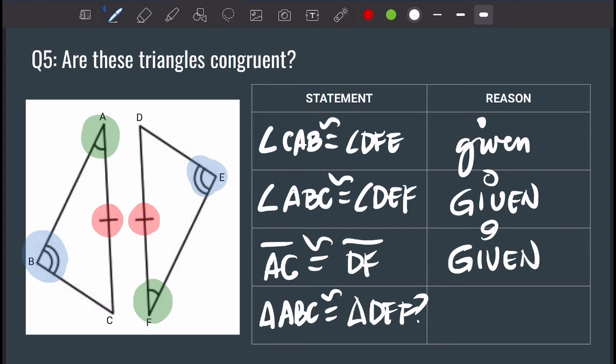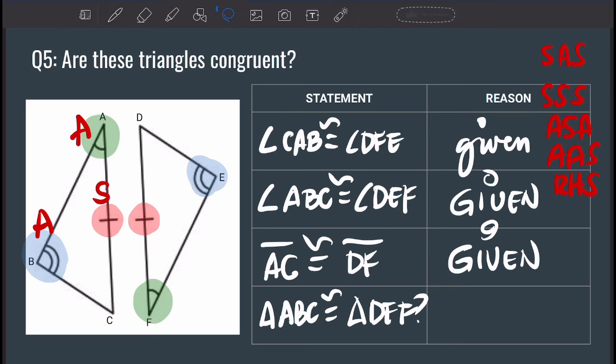Okay, let's check. We have an angle, we have an angle, we have a side. Side angle side, side side side, angle side angle, angle angle side, and then RHS. Sorry to keep on singing this song. I will sing it until you cannot sleep because it's stuck in your head.